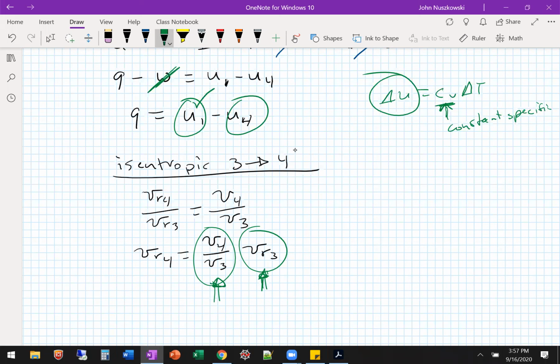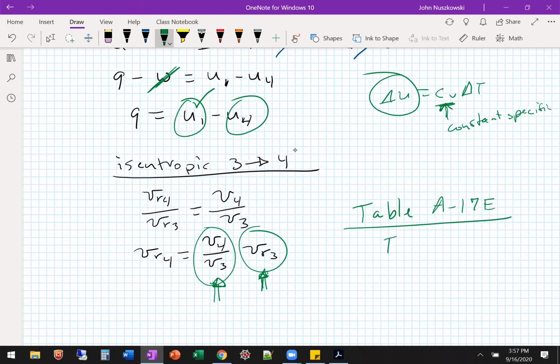What do we know for state 3? Temperature. Yeah, so we know temperature, so we know all the properties in table A17.